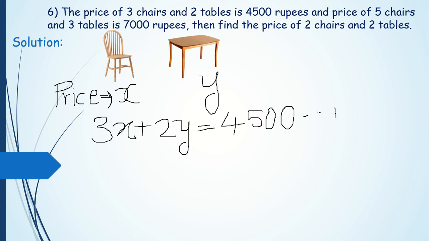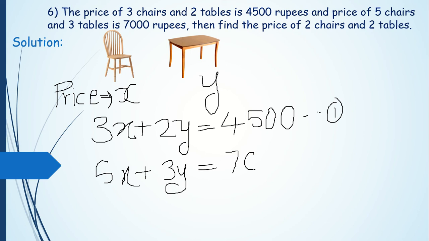This is equation number 1. And then the price of 5 chairs and 3 tables is 7,000. That's number 2.